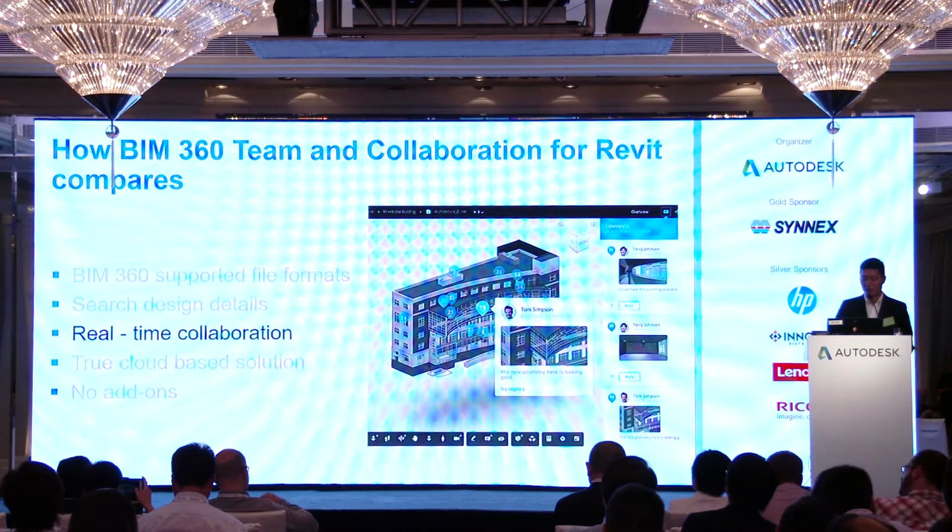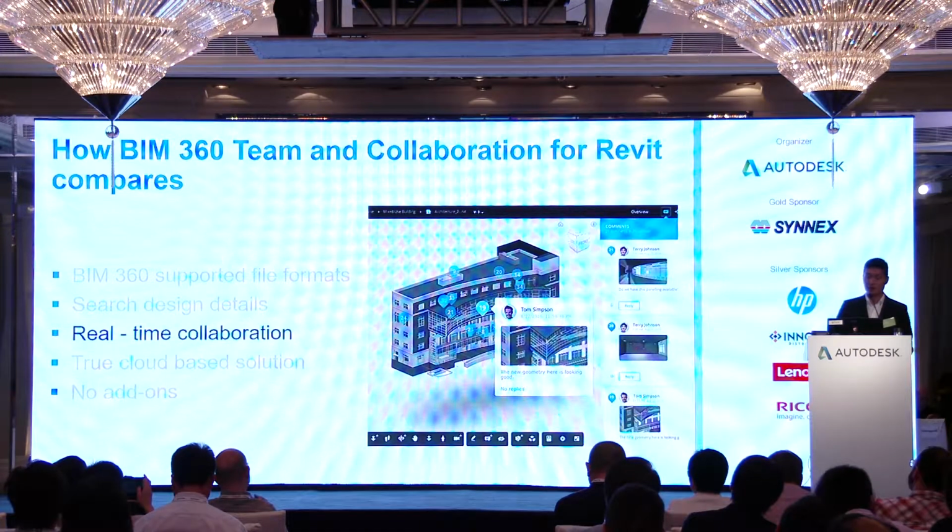We can model in real time, making design understanding less problematic, cutting down on outdated information. In-depth design review tools such as sections, exploded views, revision clouds, and dimensions are all standard in Revit, but also in BIM 360 Team.